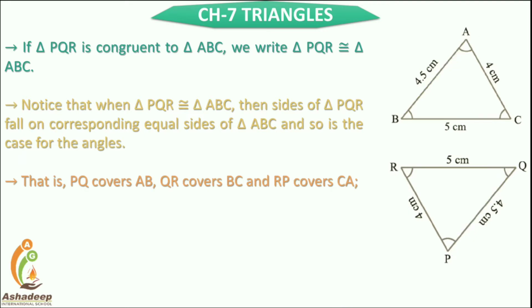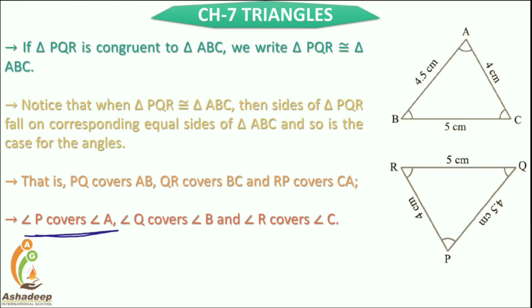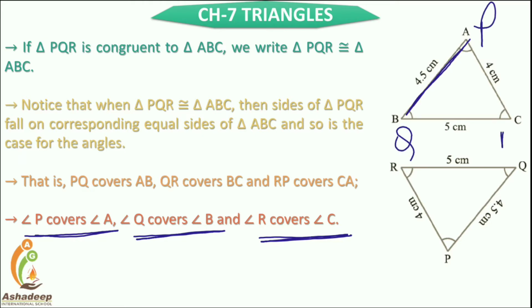Okay. Now let's move ahead. So angle P covers angle A, angle Q covers angle B, and angle R covers angle C. Simple, right? So P covers A, Q covers B, and R covers C.